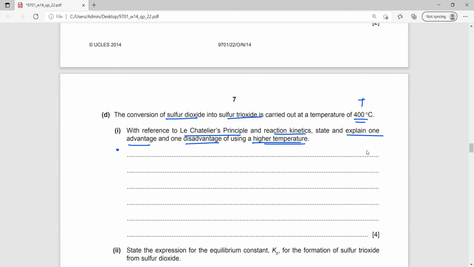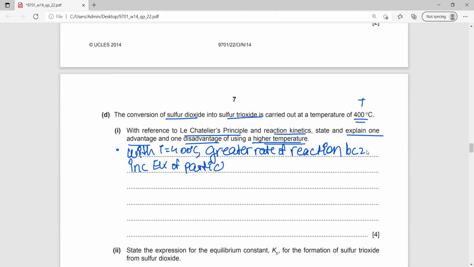Firstly, the advantage. With T equal to 400 degrees Celsius, greater rate of reaction, and the reason for that is because of increased kinetic energy of particles, therefore greater proportion of particles.